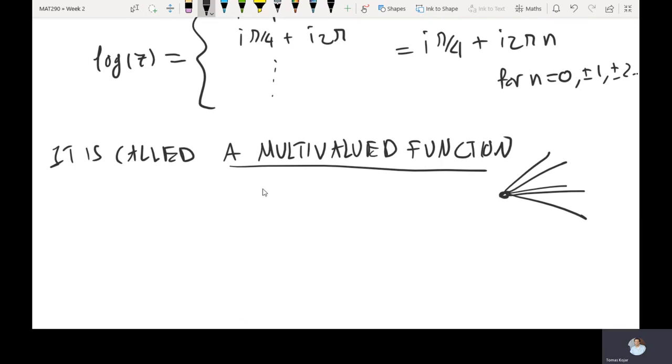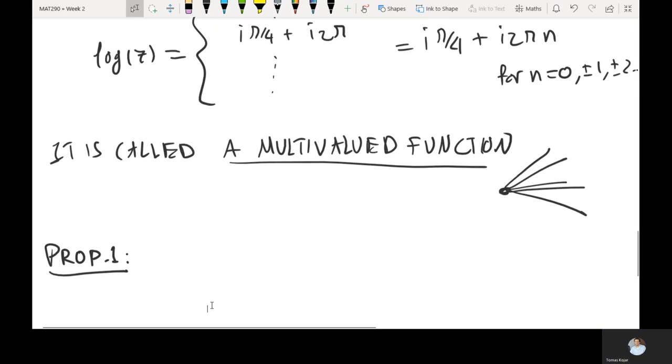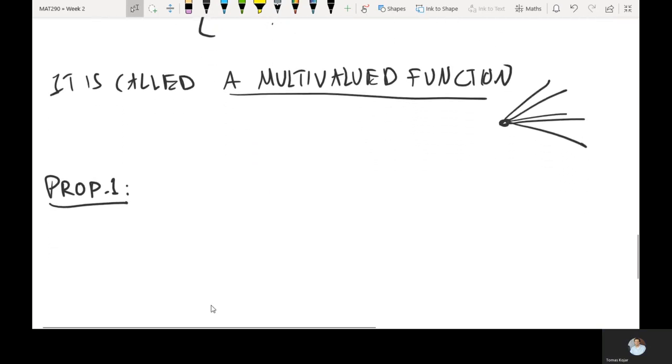So let me do one small example. Actually, I think we did. No. Let me give you the general fact. So a proposition, and then we'll do a lot of examples. All right, so let me summarize all what we wrote into one statement. Log of z has a real and imaginary part.